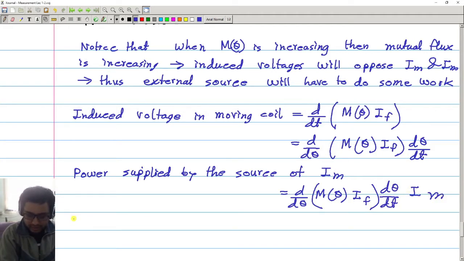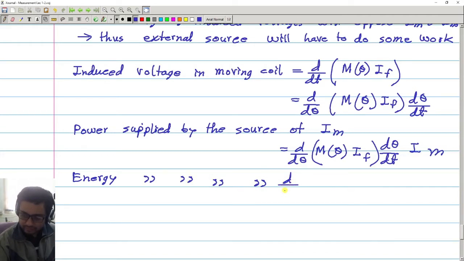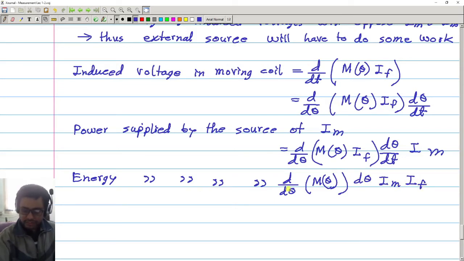Correct? Energy, you just multiply this with time. Let me write this If outside. That's constant. This is the energy from the source of the current in the moving coil.